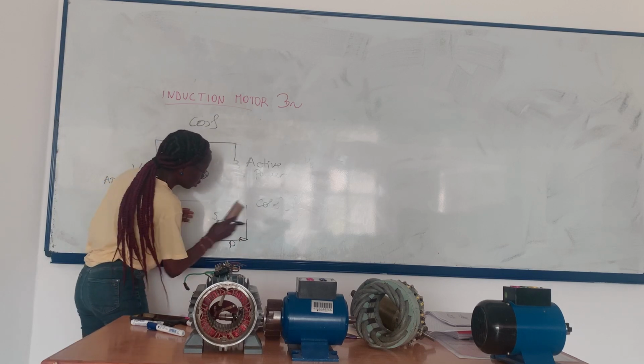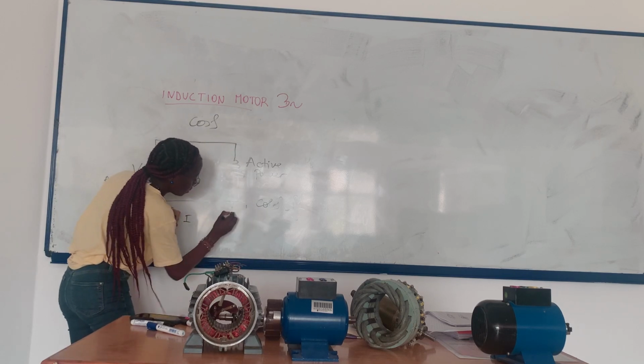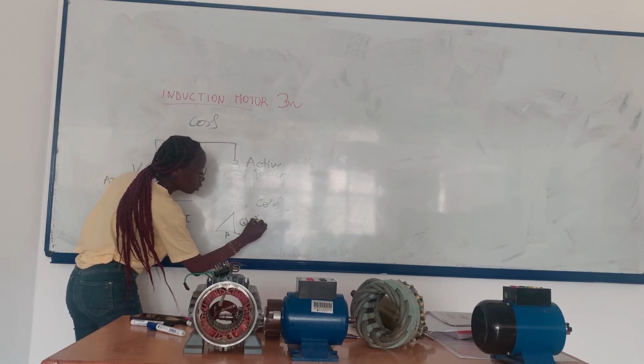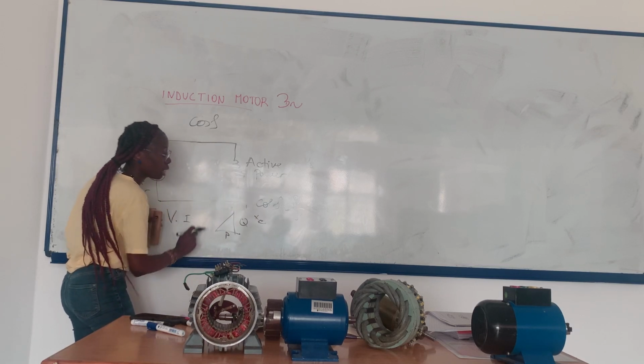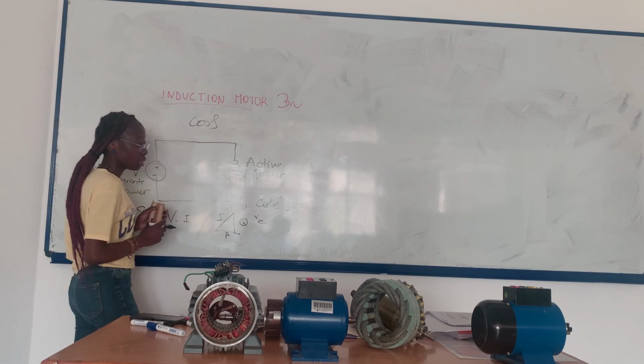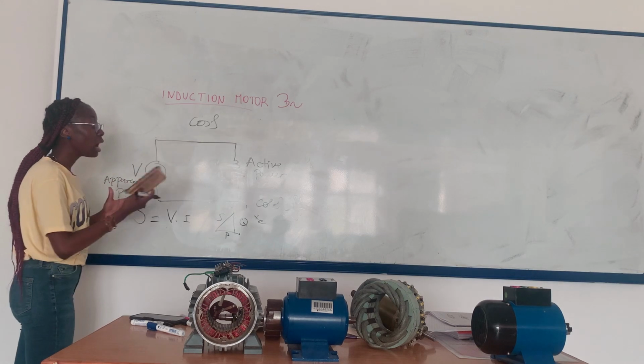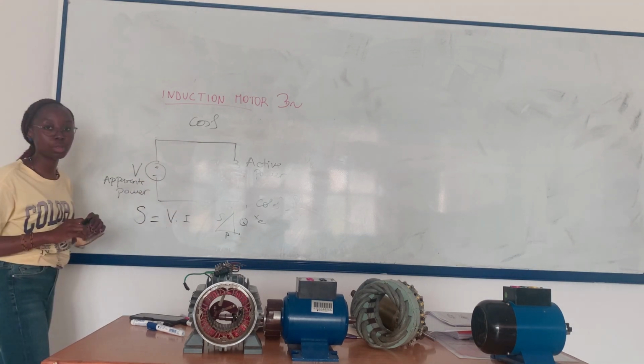So we have this construction. Here we have power P, here we have Q due to the reactance inside our bobine, and here we have S. So I think in short we can understand the cosine phi, and how we obtain it inside the motor.